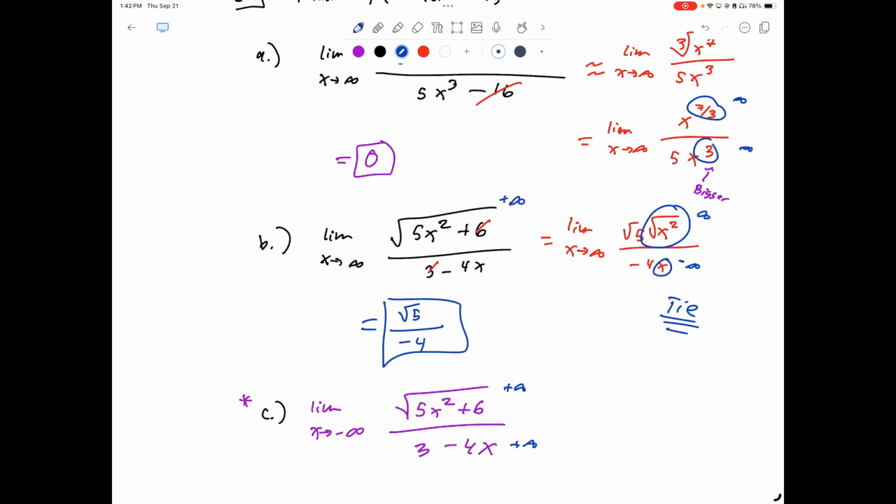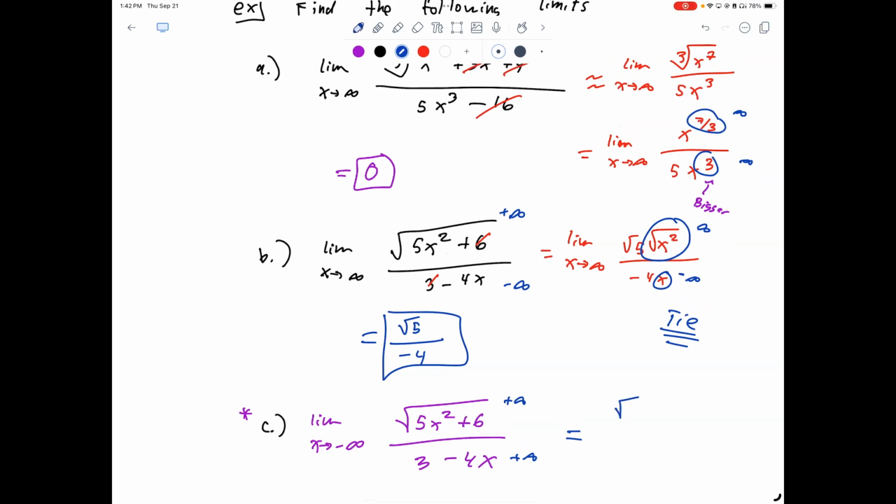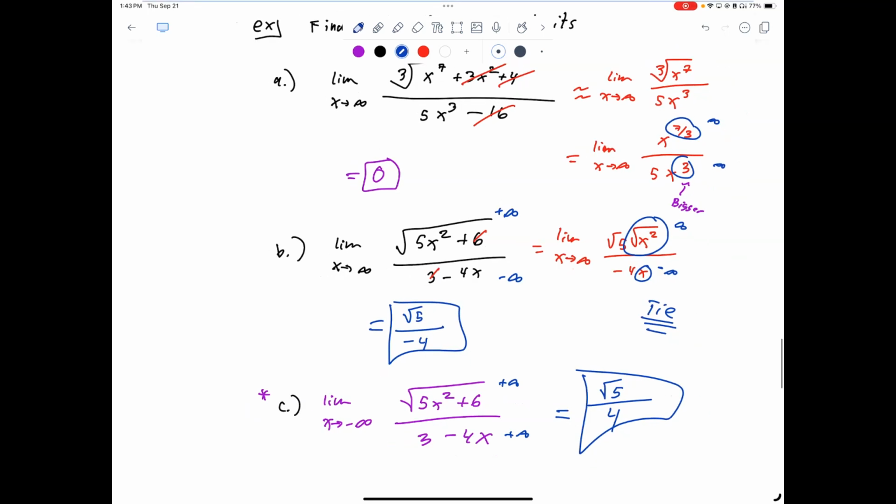The first one went to positive infinity over negative infinity, so I know my answer should be negative for the first one. This one goes positive infinity over positive infinity, so my final answer should be positive. Everything else stays the same. So what's my answer? Square root of 5 over 4, positive. Now notice that we get two different answers because the top still goes to positive infinity in both scenarios, but the bottom flips its sign. It went to negative infinity in the first scenario, and it goes to positive infinity in the second scenario. So that's why we get two different answers on this one.